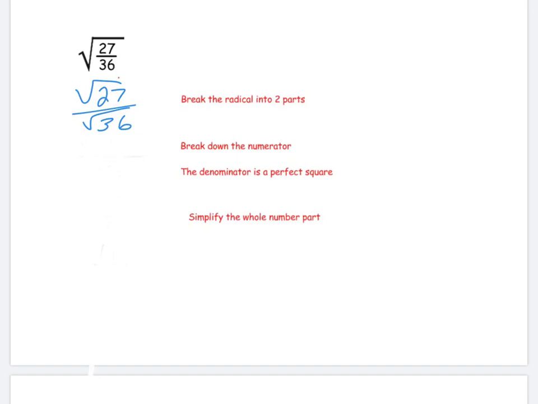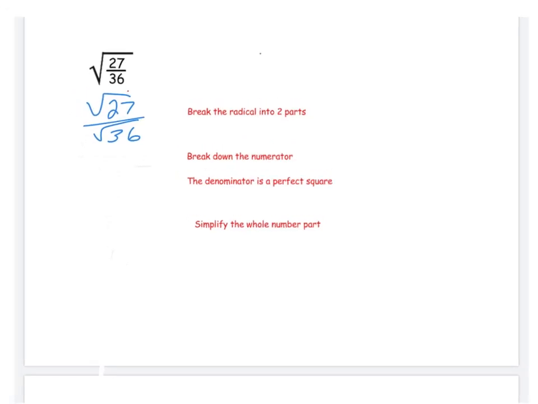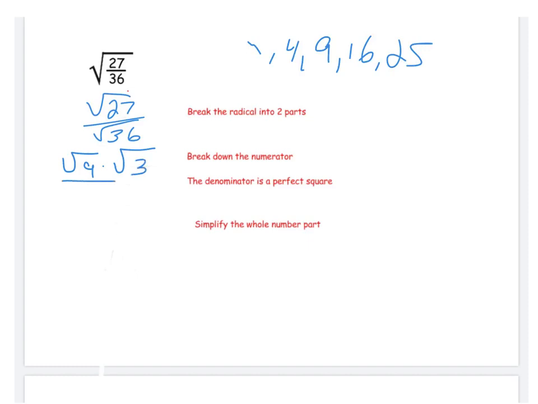Remember our perfect squares are 1, 4, 9, 16, and 25. The biggest one of those that can go into 27 is 9. So I could say that 27 is the square root of 9 times the square root of 3. And then notice that the denominator is a perfect square. The square root of 36 is 6.